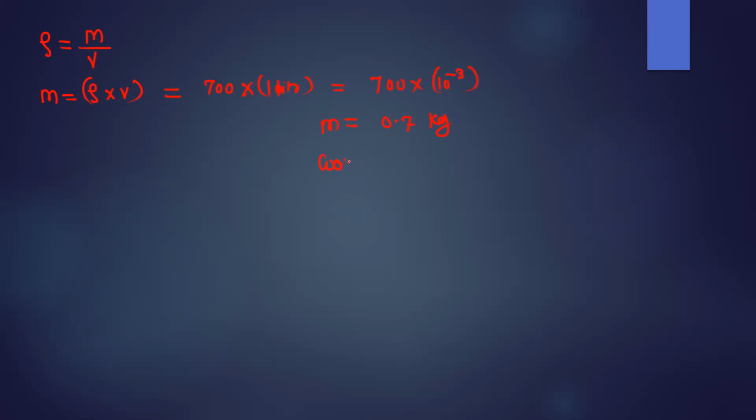So weight, W, is equal to mass into g, so it is 0.7 into 9.81, which is equal to 6.867 Newton. Okay, so this is the weight of 1 liter of petrol.